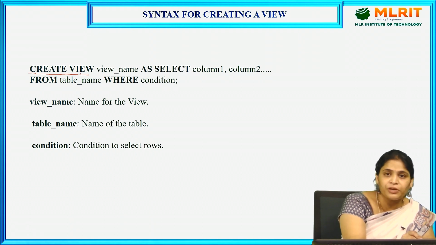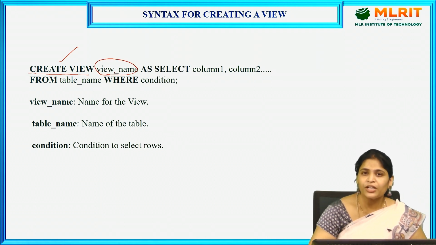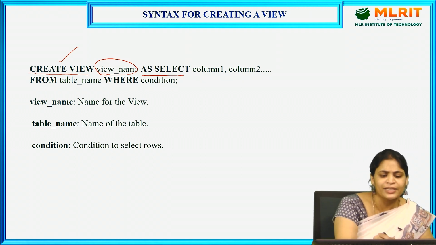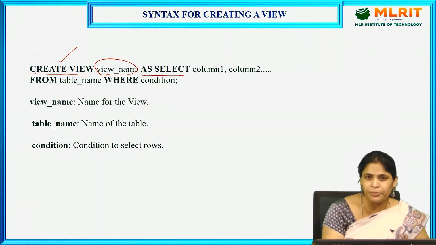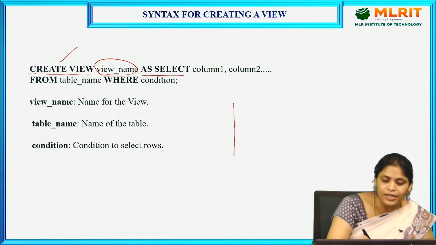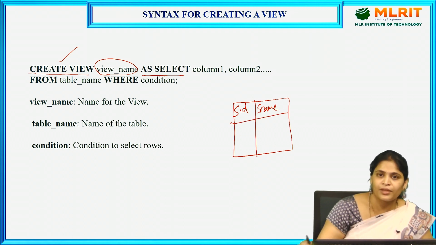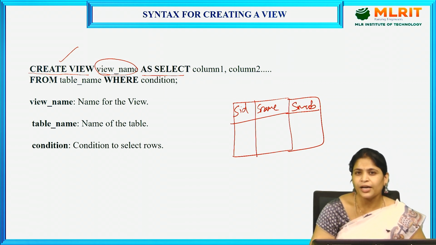So, create view. By using this keyword, we create a view. Create view, and this is the view name. That means, whatever view that we are going to create, that name will be represented here, as select. That means, to create a view, we are creating it from the existing table only, right? For example, let us assume a table contains three columns: SID, SName and SMobile number.